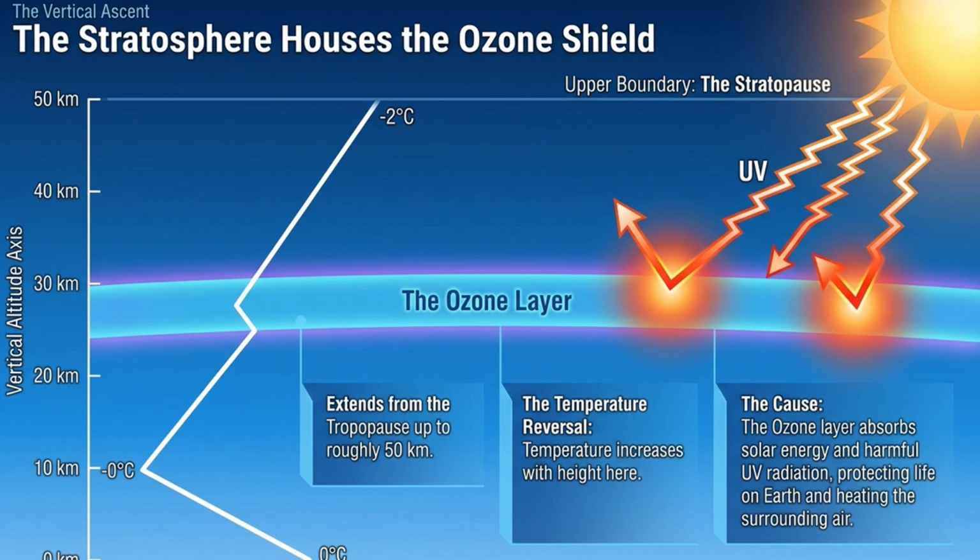Here, temperature generally increases with increasing altitude. This happens mainly because ozone absorbs ultraviolet radiation from the sun, causing the surrounding air to warm. So while the troposphere is known as the weather-making layer, the stratosphere is especially important because it contains the ozone shield that protects life on Earth.